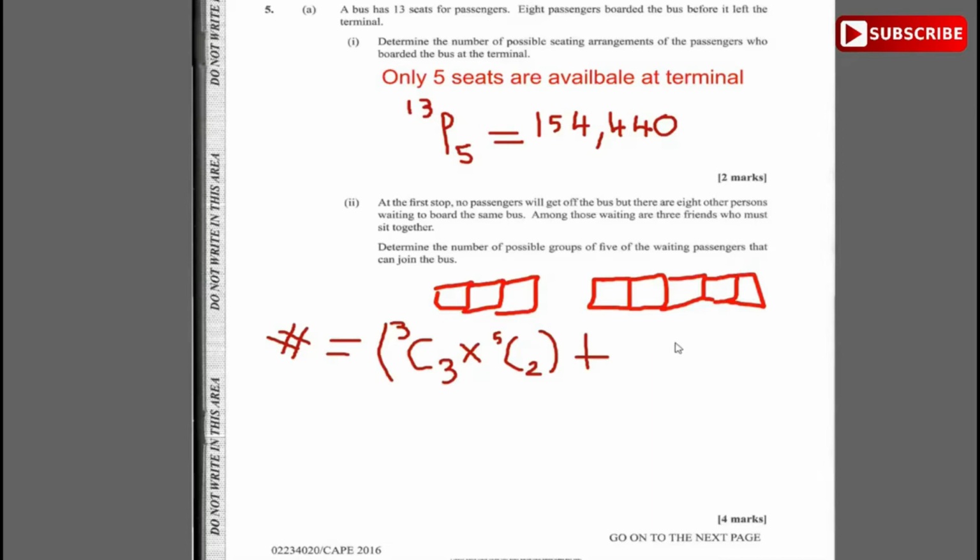So this would be 5 choose 5 times none of them from here, which is choosing 0 from the 3.